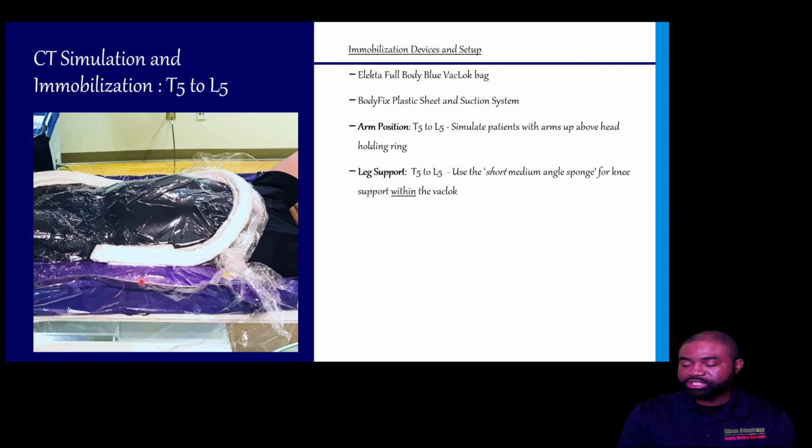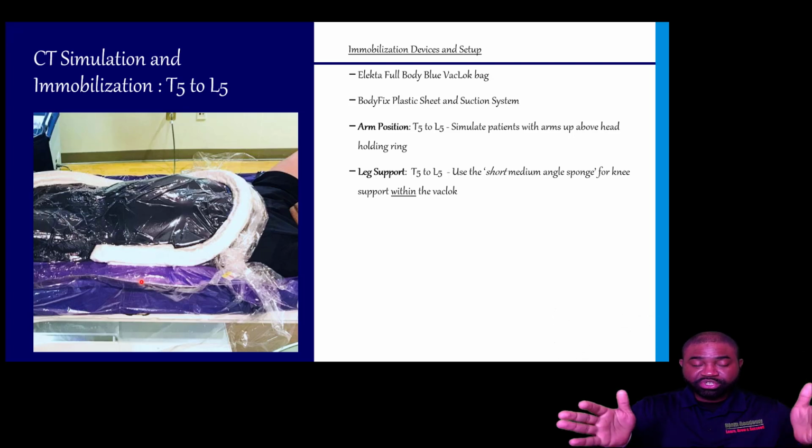We lie the patient, we place the bag on the couch, place the patient in a very comfortable position, typically with the use of an ankle sponge for leg support and to improve patient comfort. And then we mold the bag to conform to the shape of the patient. Once that is done, the air in the bag is vacuumed out. When the air is vacuumed out, the beads lock in place and preserve that position for every fraction.